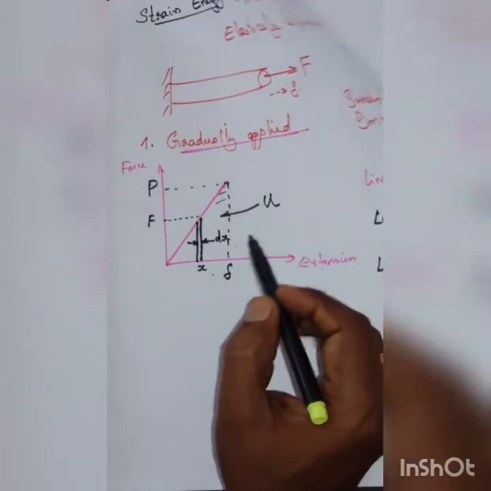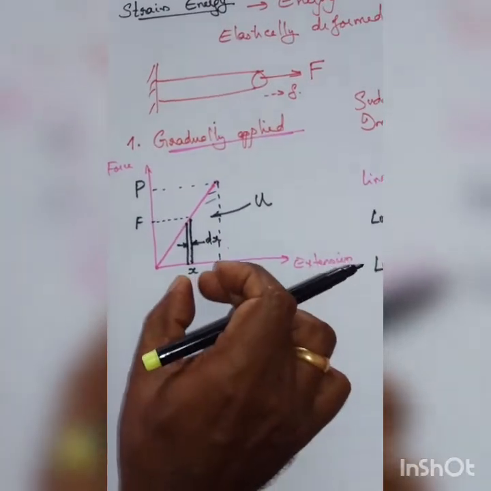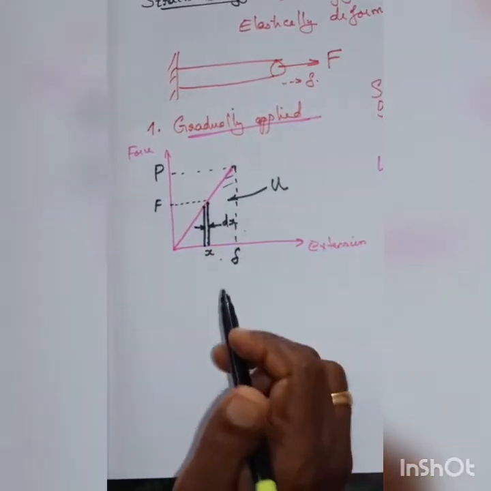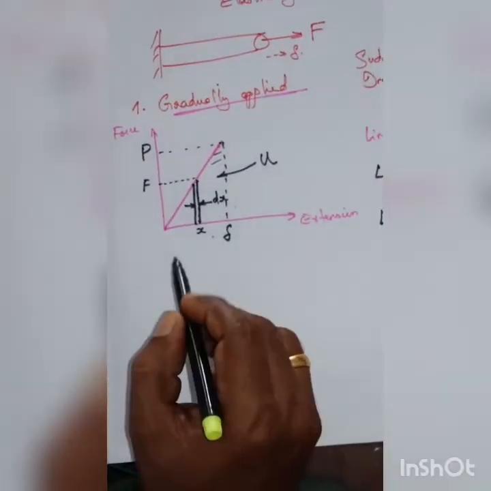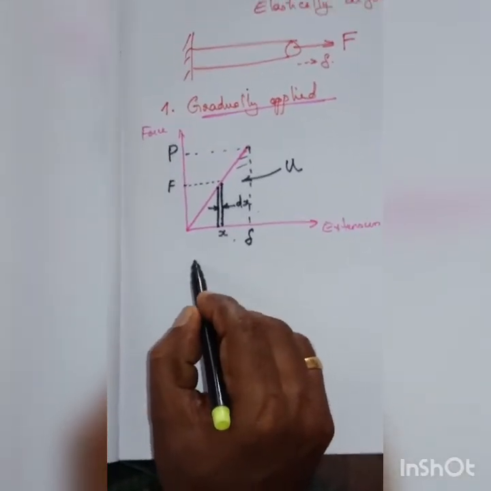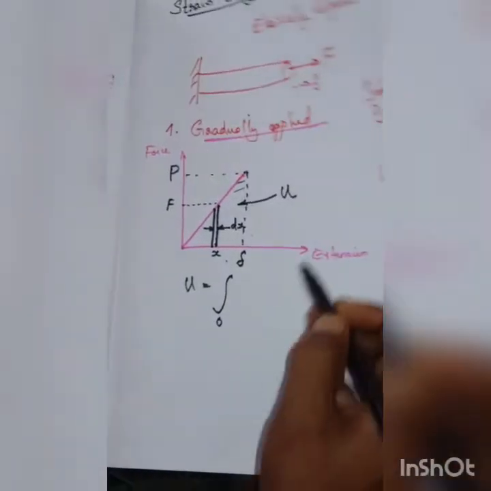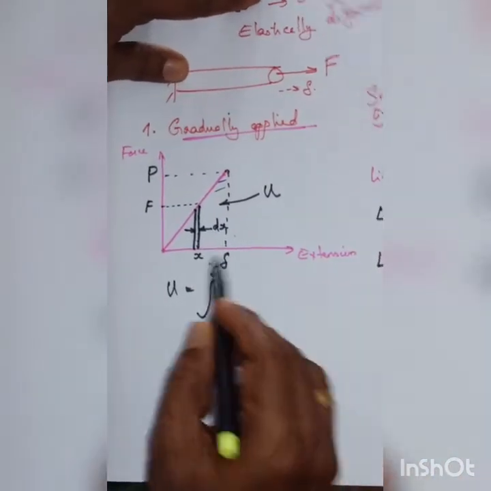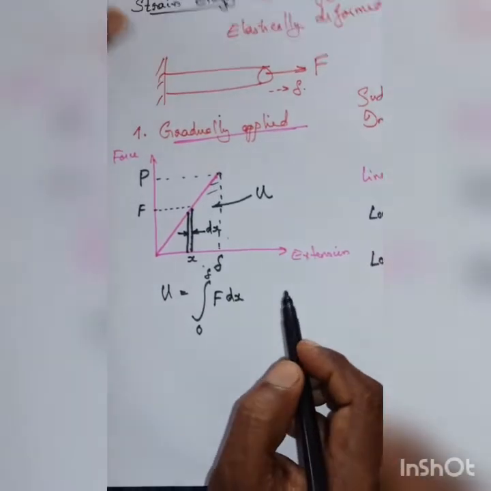To find the area under this curve, you can sum these elementary strips, with the limit varying from 0 to delta. So the strain energy U is equal to the integral from 0 to delta of the area of the strip. The area of the strip is F dx.